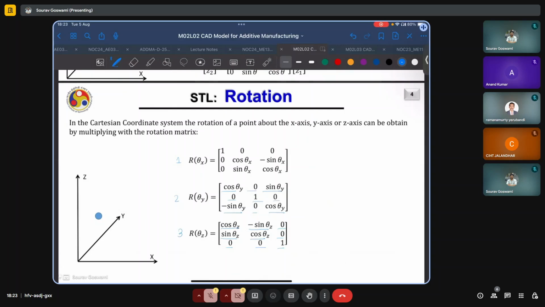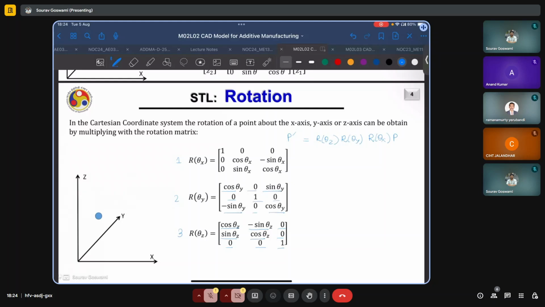You started with a point P, multiplied it with R theta x, then R theta y, then R theta z to obtain the new point P prime. The order of this multiplication is important.